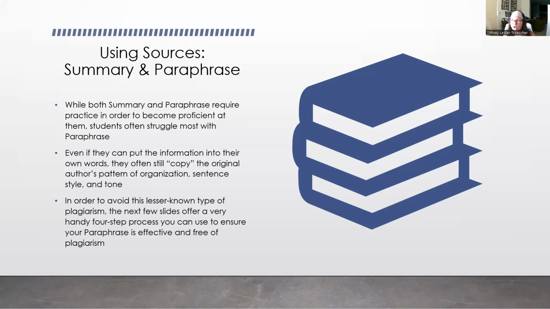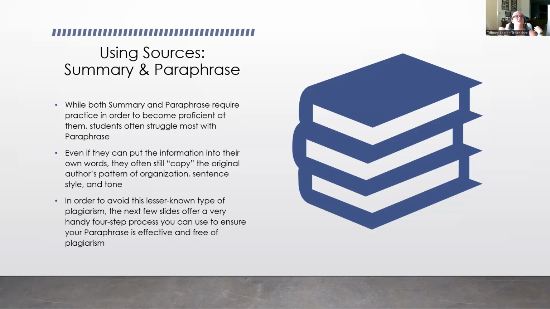Because if you're taking a whole source and summarizing just the main points of that source, just the overall main ideas, you are less likely to copy anything straight from the source because you're having to take all of this information and boil it down into one small paragraph, just a handful of sentences that captures all of that.